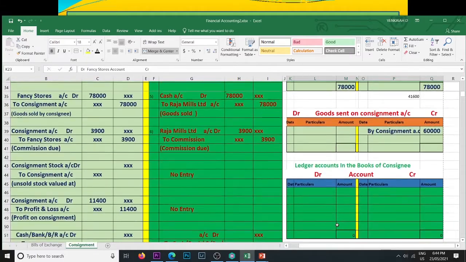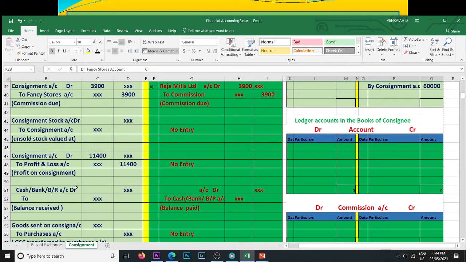I already marked the entry: cash, bank, bills receivable account debit to Fancy Stores account. Why did I keep it empty here? In the problems, the consignee name will be different from problem to problem. To make marking easy, I just kept the consignee name vacant. Okay.